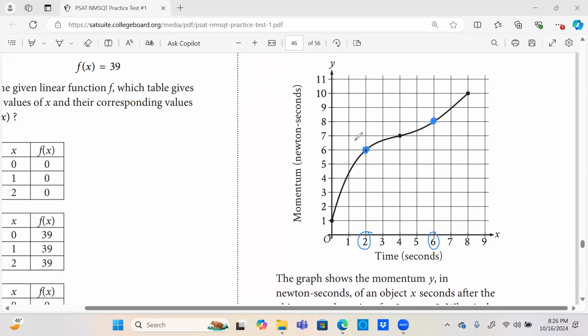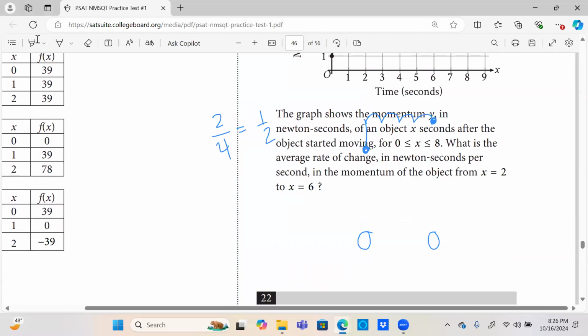So we know slope is rise over run. So it looks like we're coming up 2 over 1, 2, 3, 4. That reduces to a half. That would be the slope or the rate of change from x is 2 to x is 6. So you would just type in 1/2.